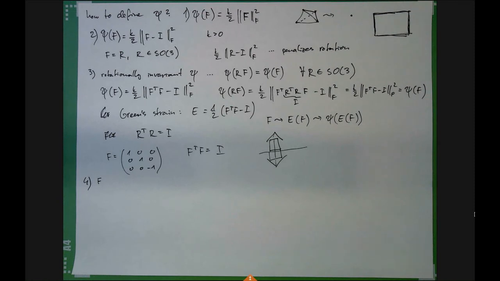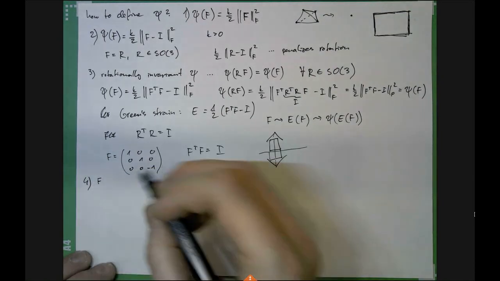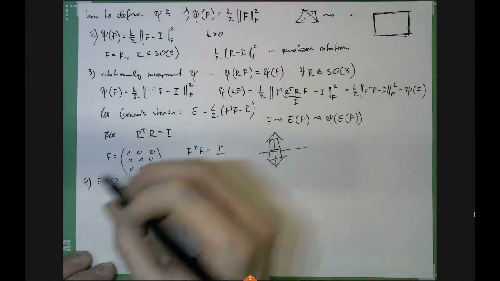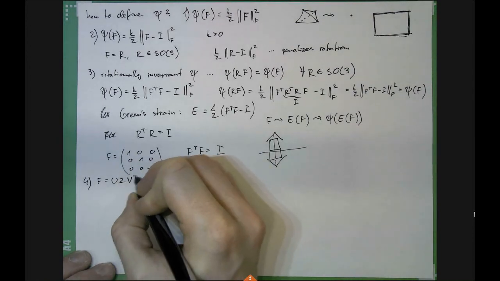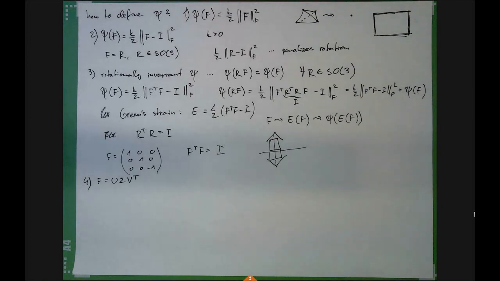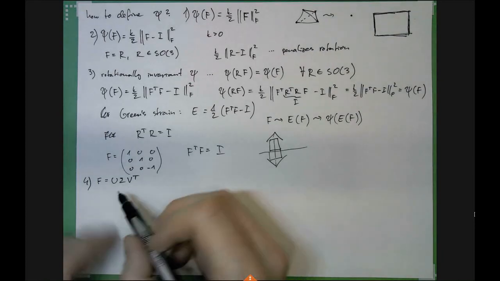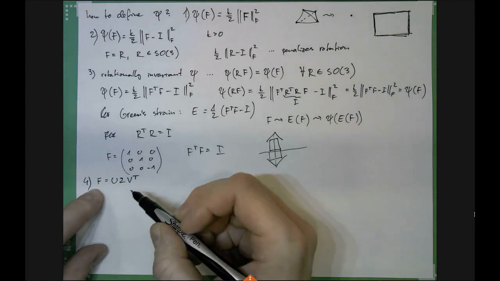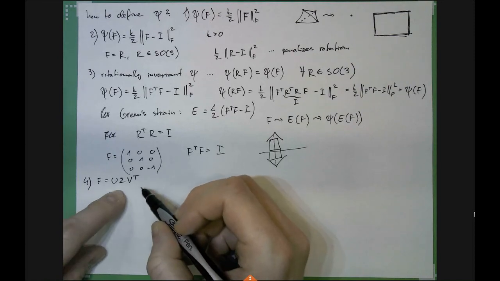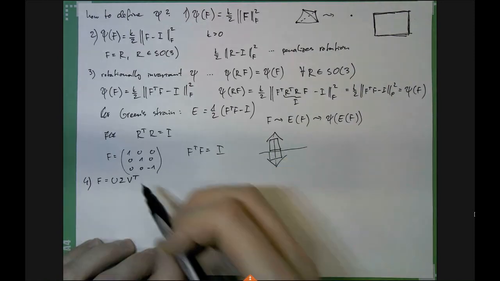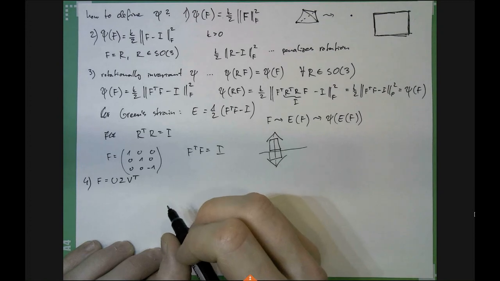So what is the panacea of linear algebra? SVD, right? So how does it work here? We can use SVD to decompose our deformation gradient into these matrices, U and V, which are orthonormal matrices.